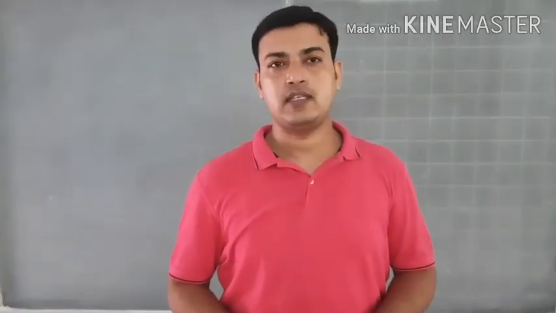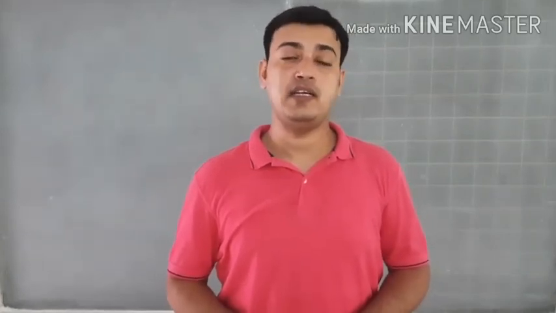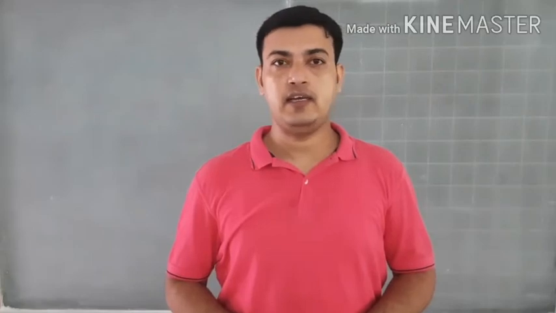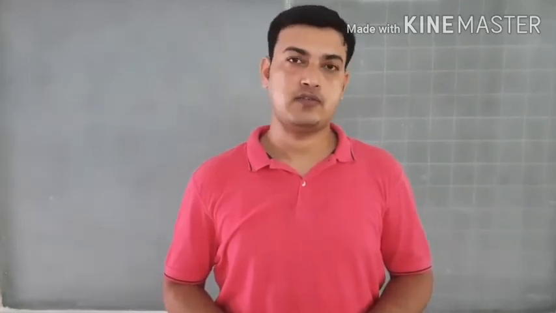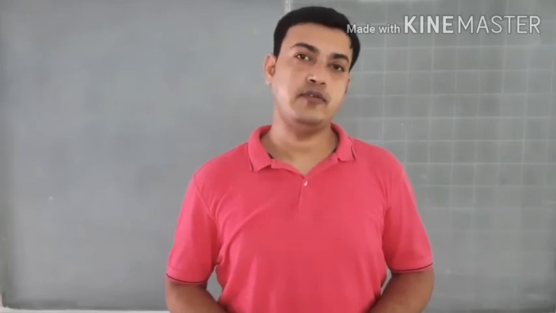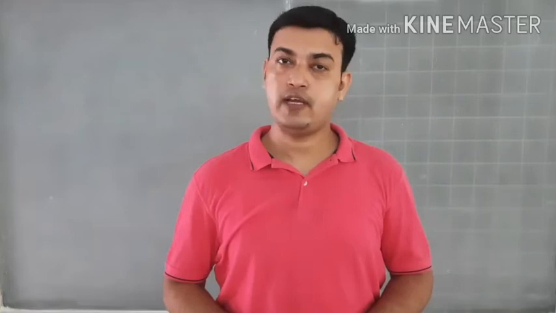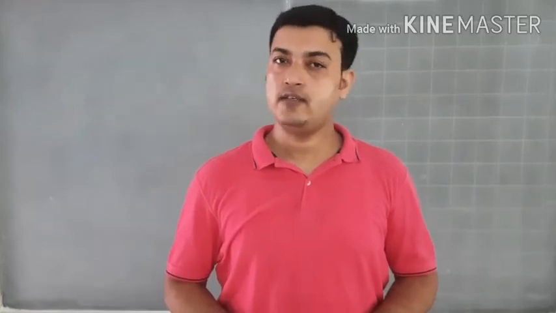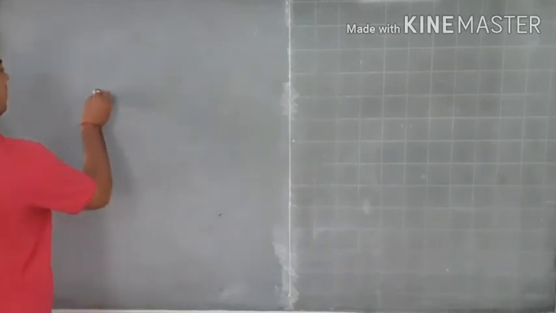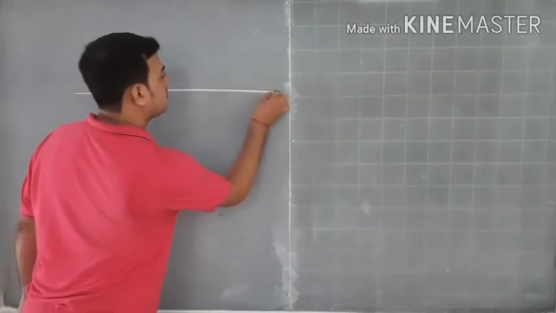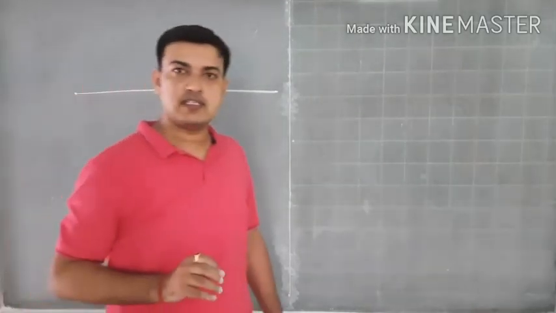Now we will discuss the application of the Wheatstone bridge, and that is the meter bridge. So we can say that the meter bridge works on the principle of the Wheatstone bridge, and it is also used to find the unknown resistance as an experiment in the laboratory. So let us see. In a meter bridge, a 1 meter wire is placed over a wooden scale.